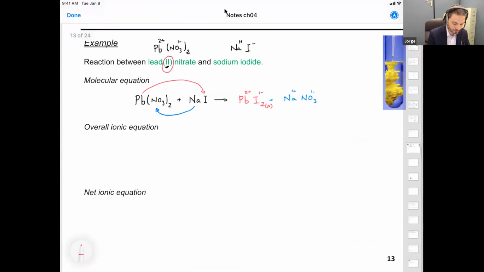Okay, so therefore sodium nitrate stays in solution. And in fact, when we mix lead nitrate and sodium iodide, we will form immediately a bright yellow precipitate, as shown here in the figure on the right side. And the identity of this precipitate is PbI2.